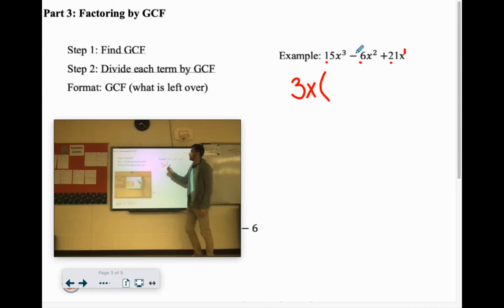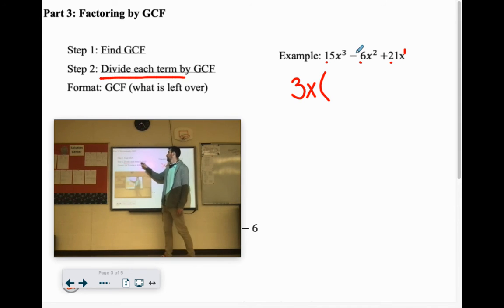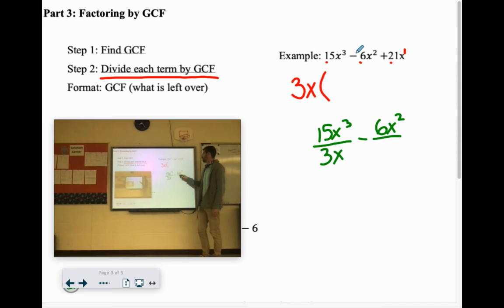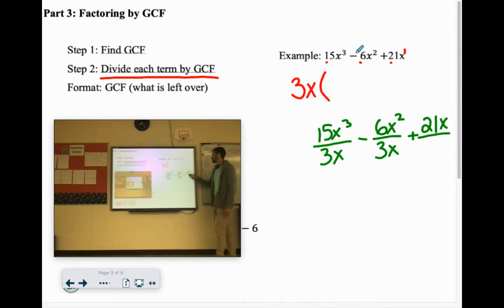Like it says over here, for step 2, divide each term by the GCF. Don't write what I'm about to write, but really what we're doing is 15x to the third divided by 3x minus 6x to the second divided by 3x plus 21x divided by 3x. That's all we're doing here.